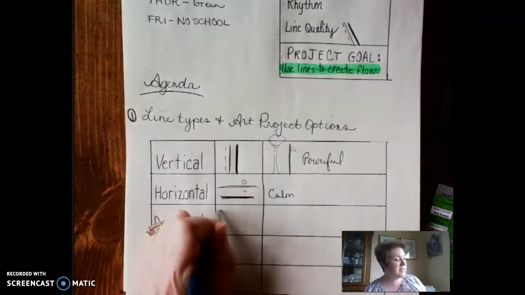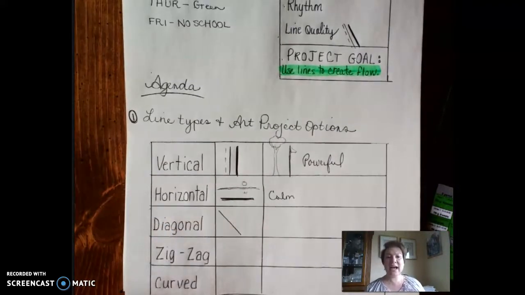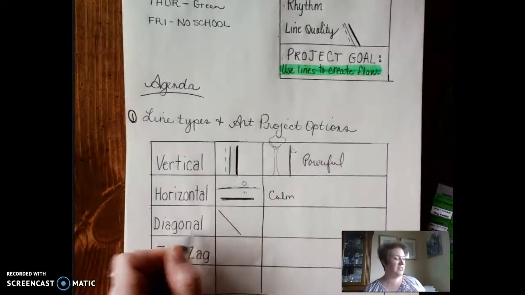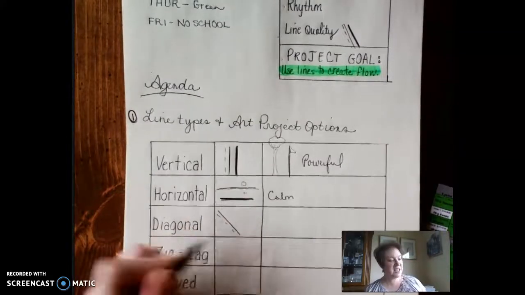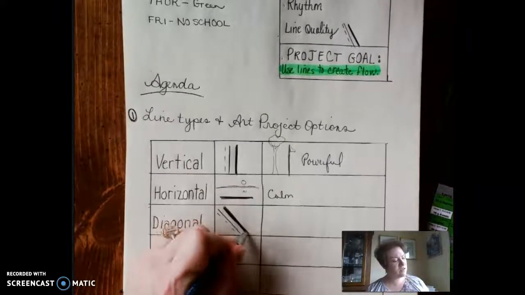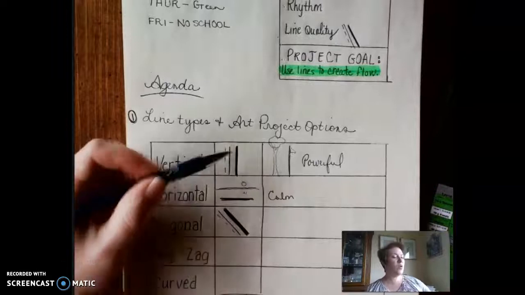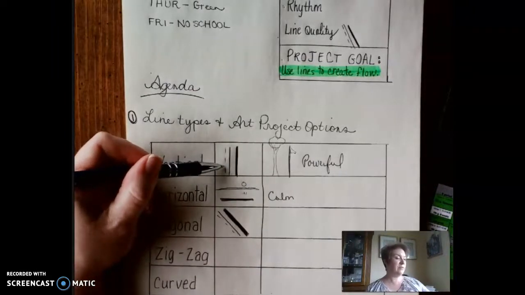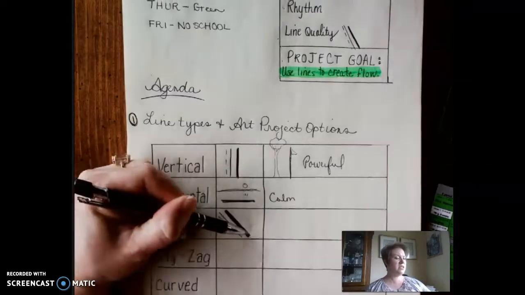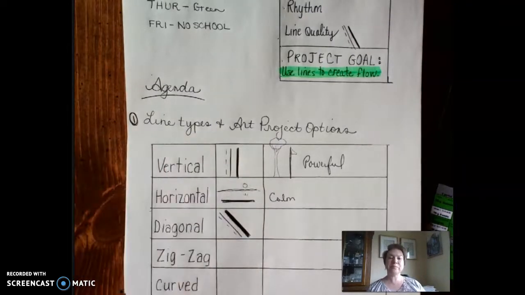The next one is diagonal. They run at an angle. You can almost see it there, angle. It can also be broken. It can be thick. Looking at all these different lines we've drawn so far, these are the quality of the line, how thick or thin a line is. Which one grabs your attention first?